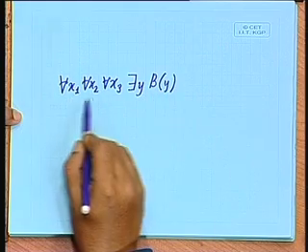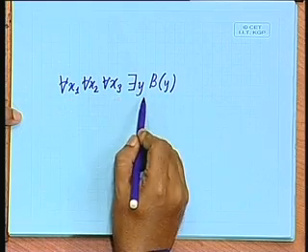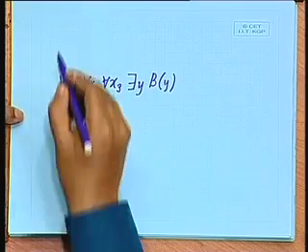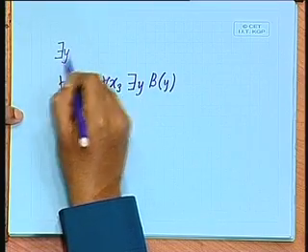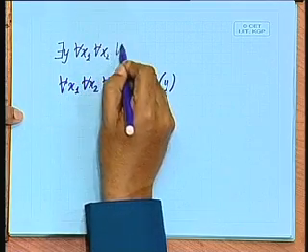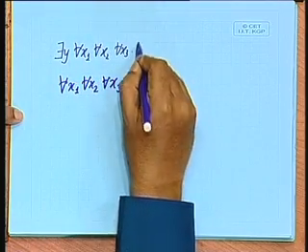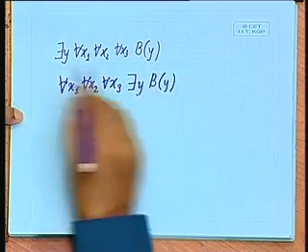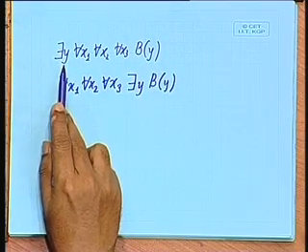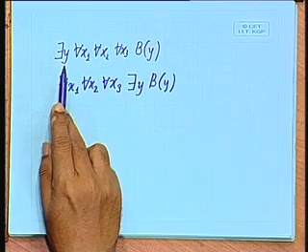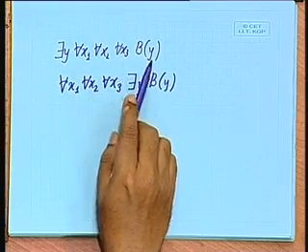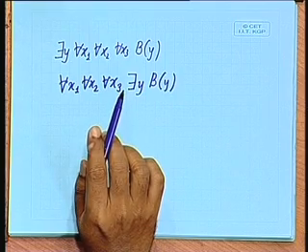So, given a value of x1, x2 and x3, there will be a y which satisfies by. This is not the same as writing there exists y for all x1, for all x2, for all x3 by. What is the difference between these two? In the second one, there has to be a single value of y for which no matter what is the value of x1, x2 and x3, by will be satisfied.